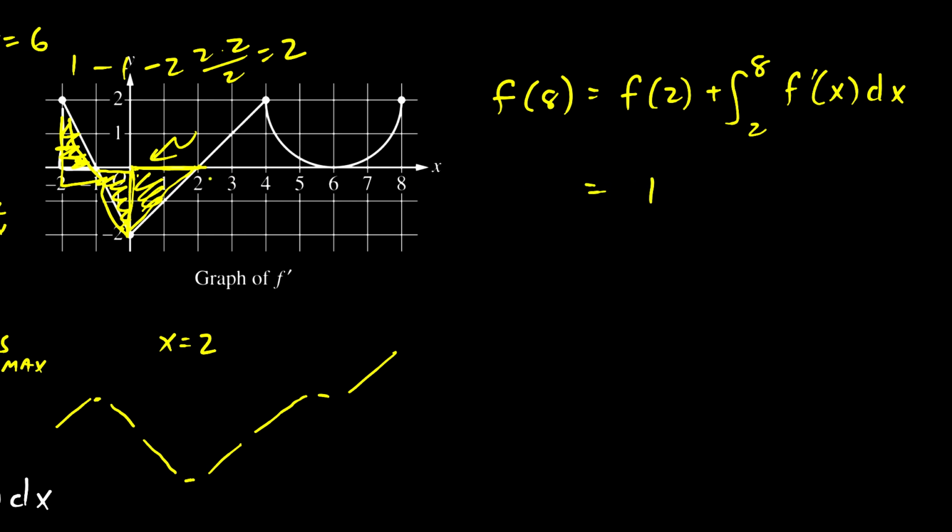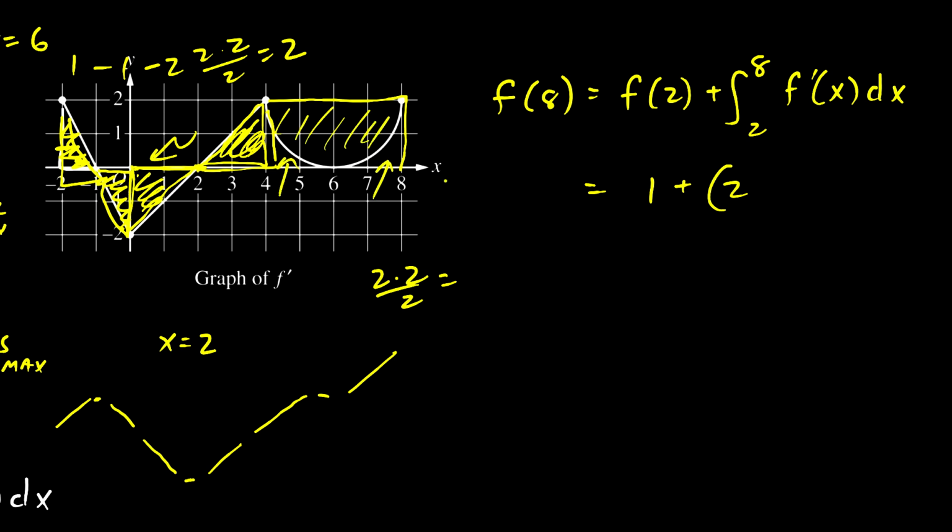Now let's go ahead and break this shape up. So from 2 to 4, we can see we're going over 2, up 2, so we have that area. So we're going to have 2 times 2 divided by 2 again. So we have 2, so it's going to be plus, that's an area of 2. Now, our area under the semicircle, notice we have a rectangle, but we'd have to subtract out the semicircle to actually find out what these values are.